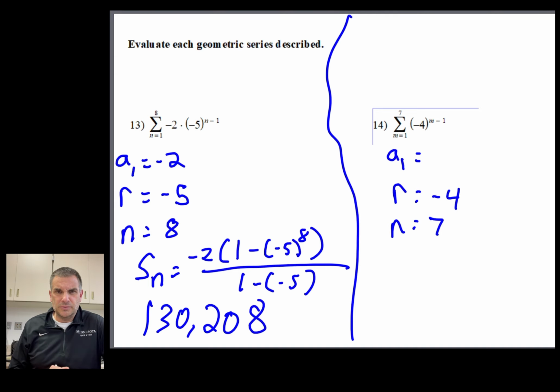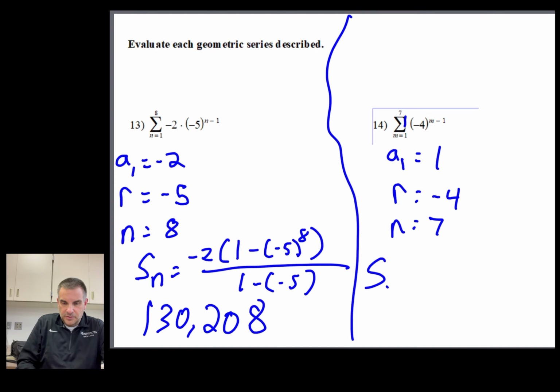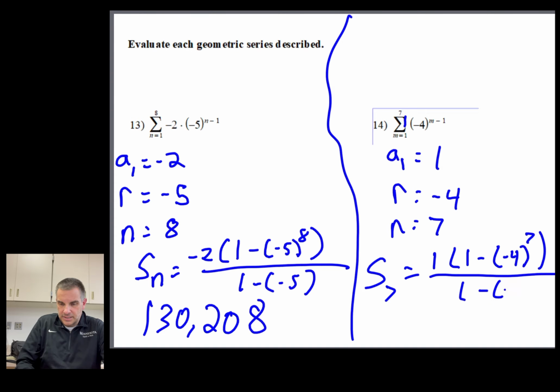Our rate, or ratio, I say rate, I meant ratio. A of 1, there's nothing sitting there, so if I plug 1 in, a of 1 is just going to be 1. Again, there's understood to be a 1 there. So the sum of the first 7 terms of this is going to be 1 times 1 minus -4 to the 7th power, all divided by 1 minus -4.